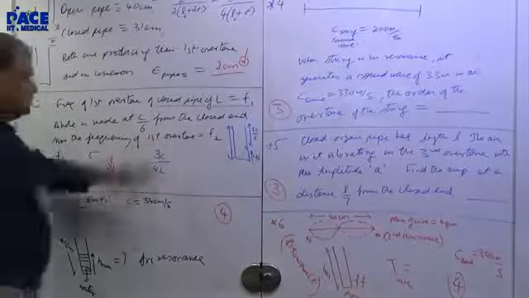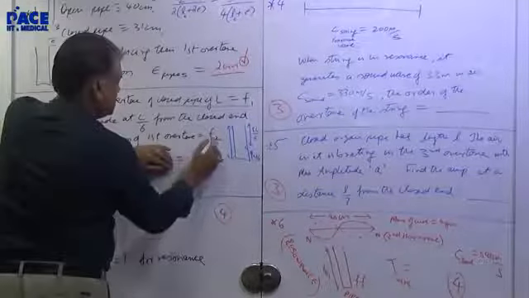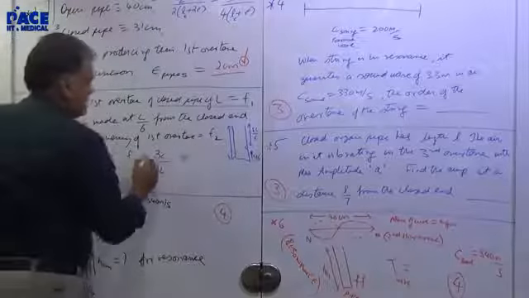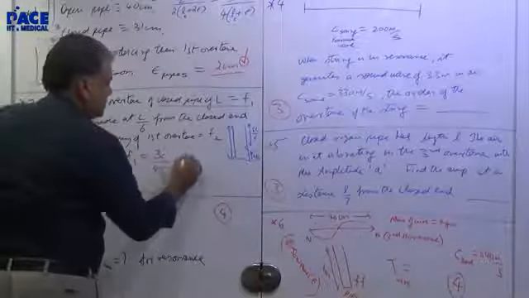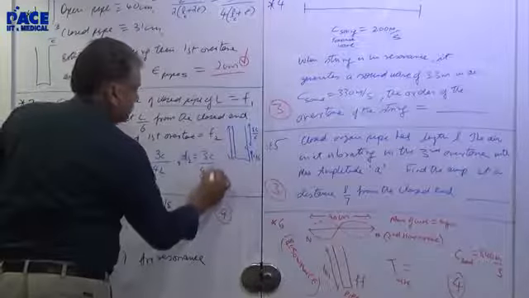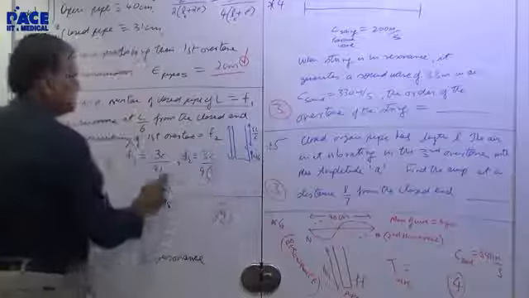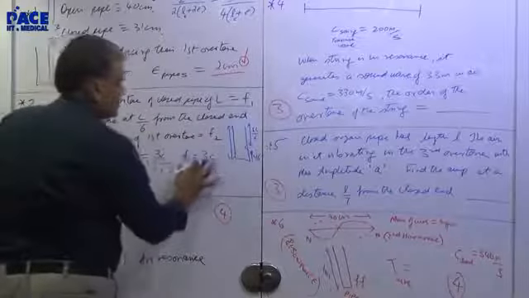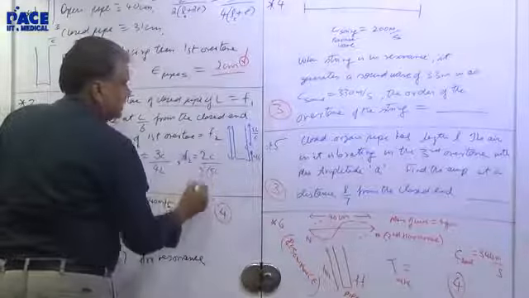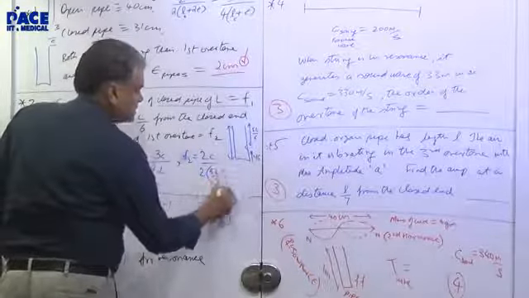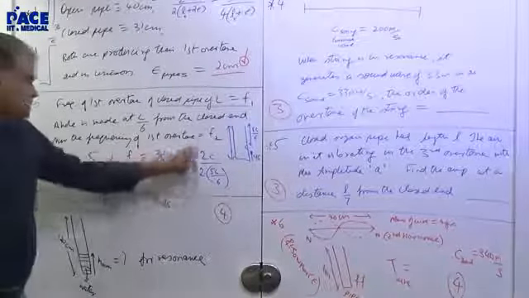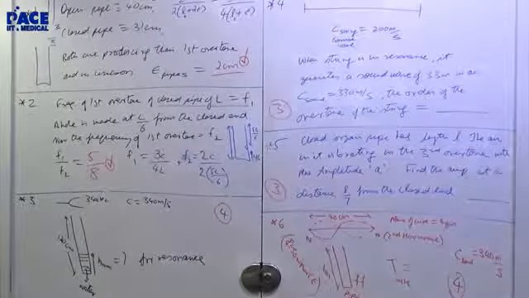Now the frequency of the first overtone, this is F1, and F2 is 3C by 4 times 5L. No, this is the first overtone of an open pipe, so it will be 2C by 2L, and this will be 5L by 6. This is F1 and this is F2. So check whether you get the required answer. Do you get this?